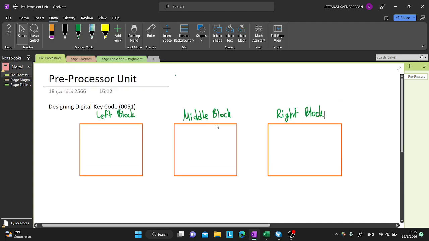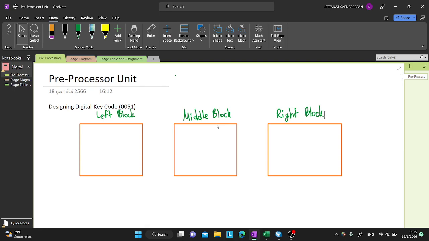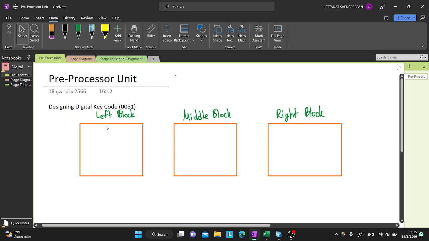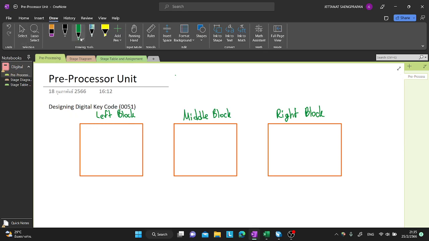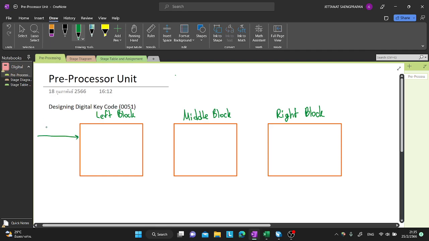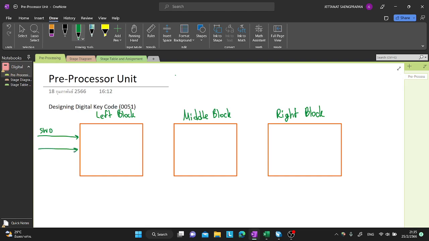About the left block, we have an input here, which are the digits that I press: 0, 0, 5, 1. But there are only three numbers that I'm going to press: I have to press switch 0, switch 5, and switch 1.